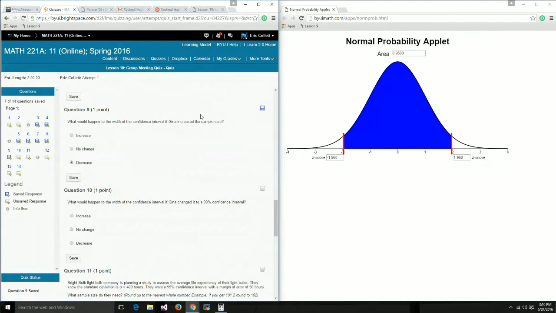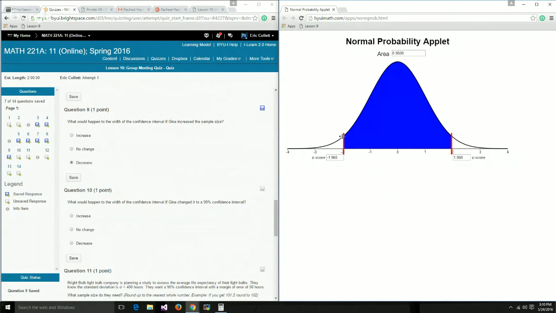And with the normal probability applet, this is the part that's kind of tricky. The two numbers that make up your confidence interval still correspond to the second standard deviation, or the z-score of 1.96. So it's just the numbers that correspond to those z-scores that get narrower, but your z-scores don't.